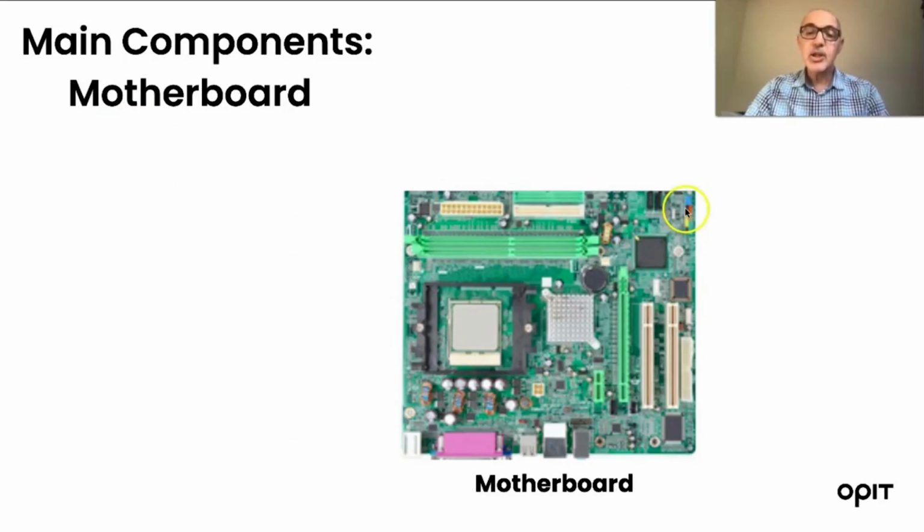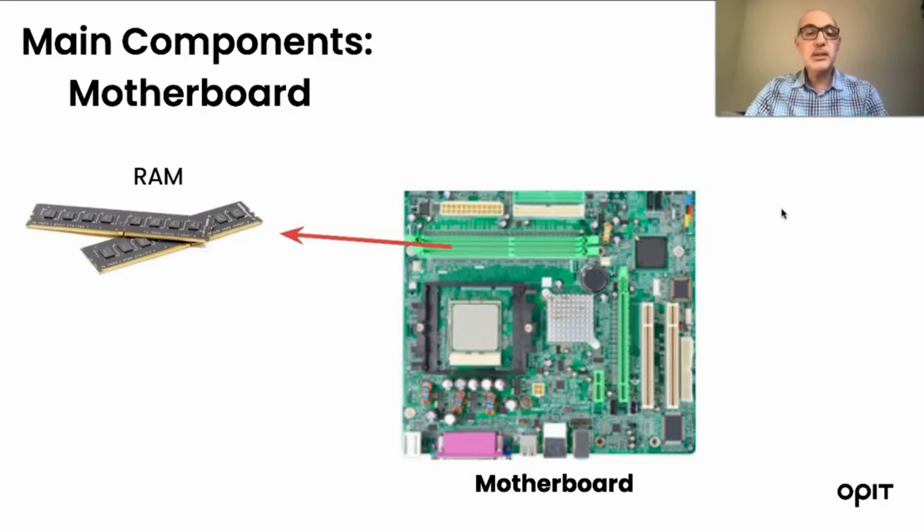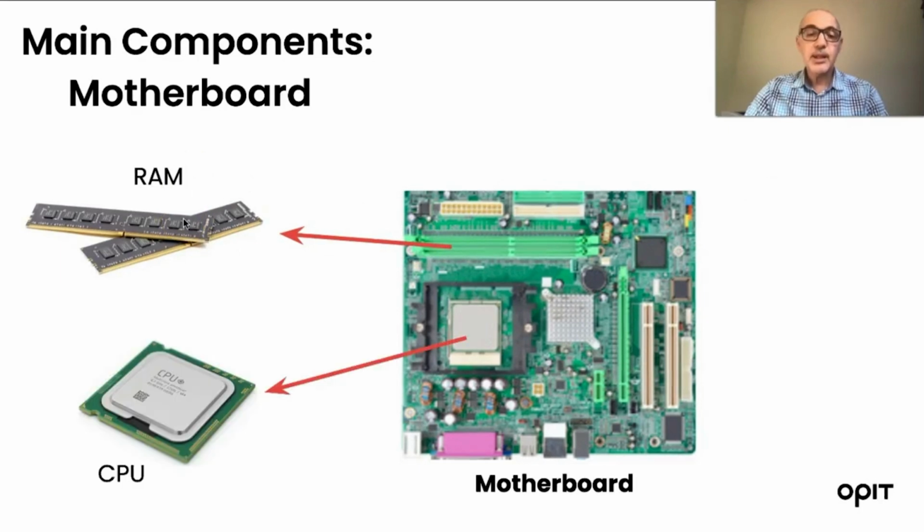It has this shape, a square shape where you find different electronic pieces, but the most important parts, among these pieces, are first of all what we call the RAM or the memory. I'm going to explain later. Then the CPU. This is the number one most important piece of your computer.